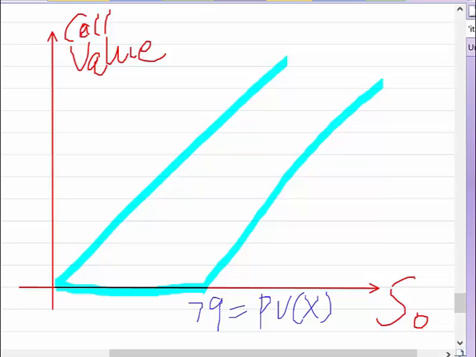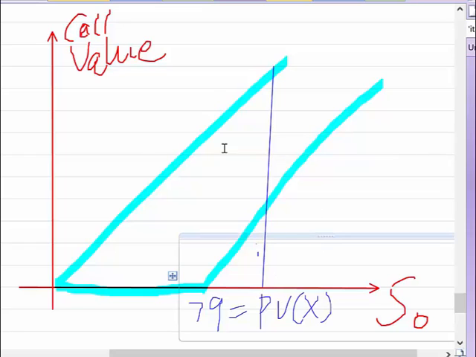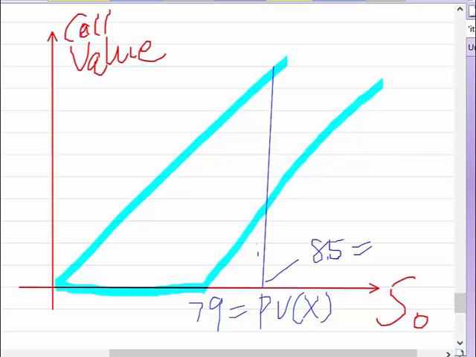Let's say at this point you have a straight line up, and here it's actually $85. That point would be $85. So that's the current underlying price.